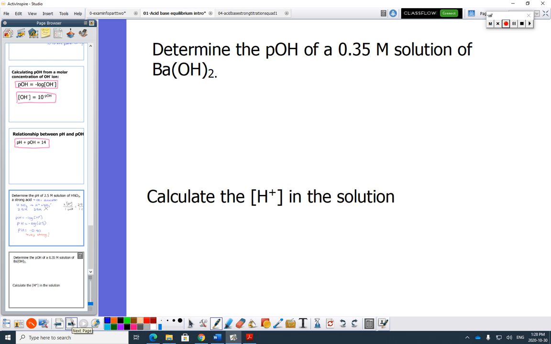Okay, so we're going to determine the pOH of a 0.35 molar solution of barium hydroxide. So again, it doesn't say strong base here, but strong bases have hydroxide in their formula.